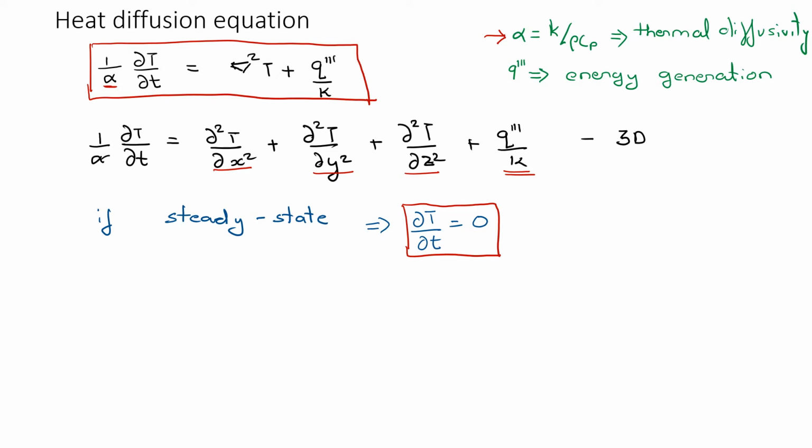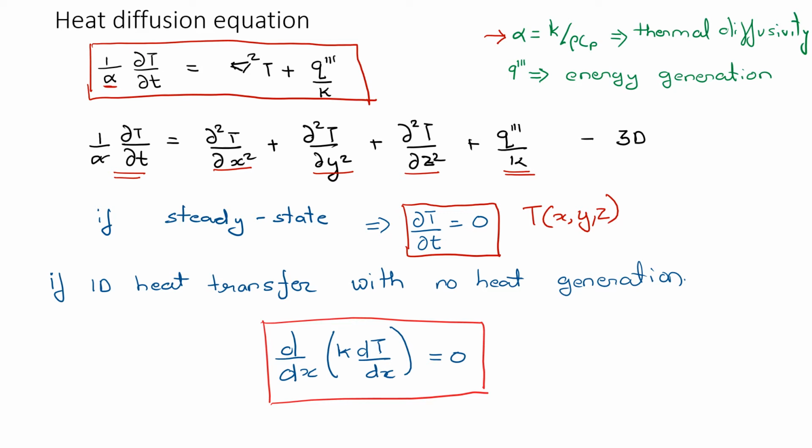So our del T by del t, the partial derivative of temperature with respect to time, will be 0. So the left hand side of the heat diffusion equation will be 0, and our temperature will just depend on the x, y, and z coordinates.